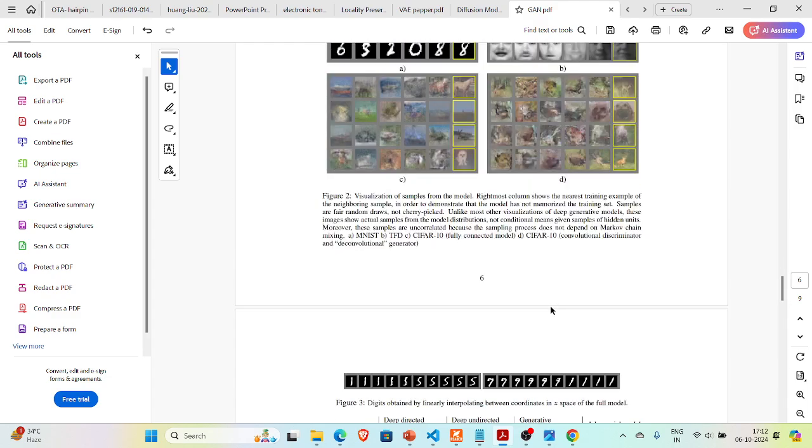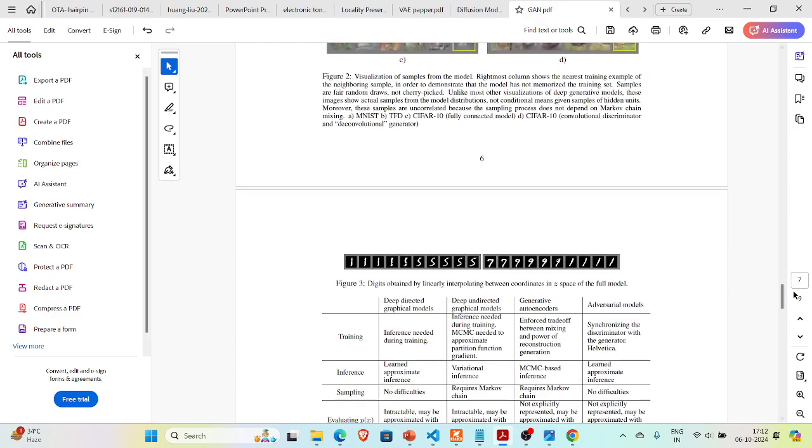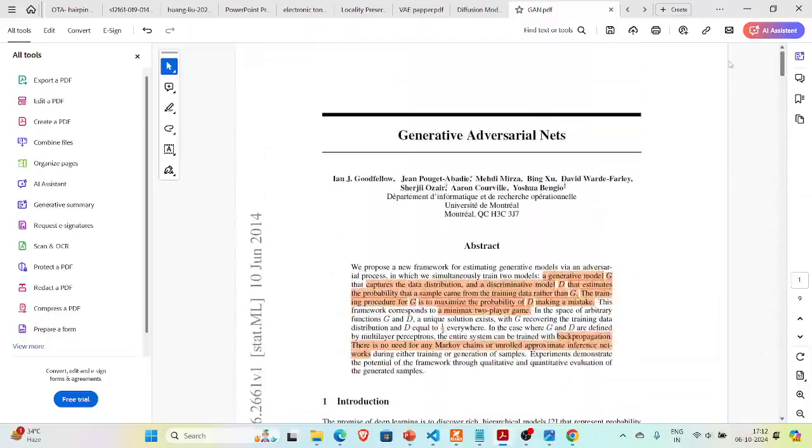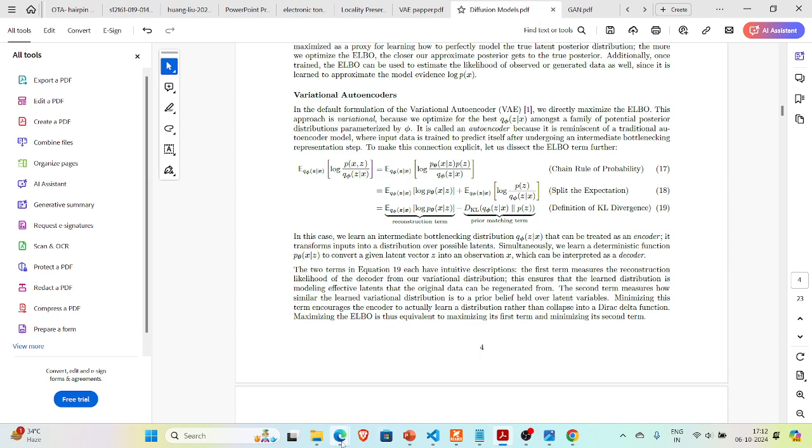So this is the concept of generative models, the generative adversarial network, where a generative network is trying to fool the discriminative network to produce better output. That is the training process. Eventually, it will be better at generating new data samples. Next concept that we go to is diffusion.